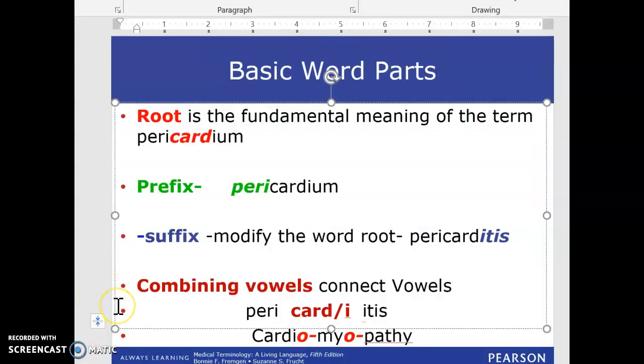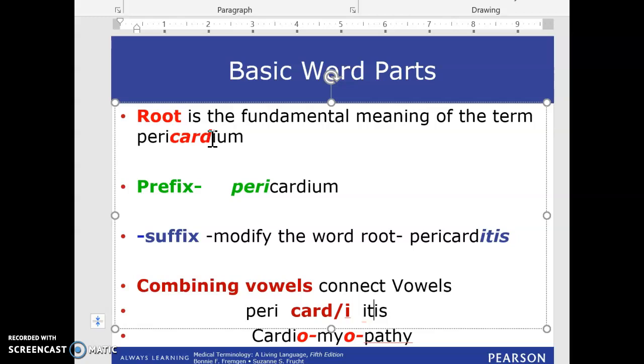Okay, so just to review the different parts of a medical terminology, we have a root, a prefix, a suffix, and a combining vowel. What is a root word? A root word is always the fundamental part of the medical terminology, which is what we are talking about. Let's say pericardium. Pericardium is a word that is concentrated and focused upon the word cardi.